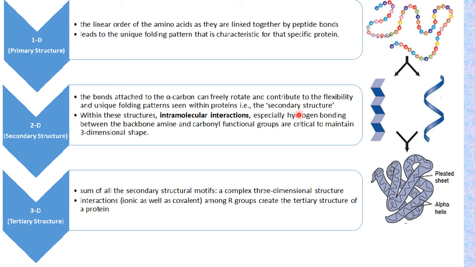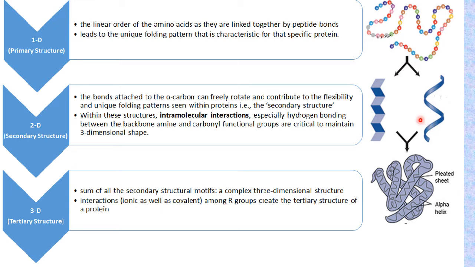It is basically the flexibility of the two bonds, the one which binds the amino group and the other which binds the carboxyl group with the alpha carbon, that leads to this flexibility of the polypeptide chain, and this leads to the secondary structure or the 2D structure.